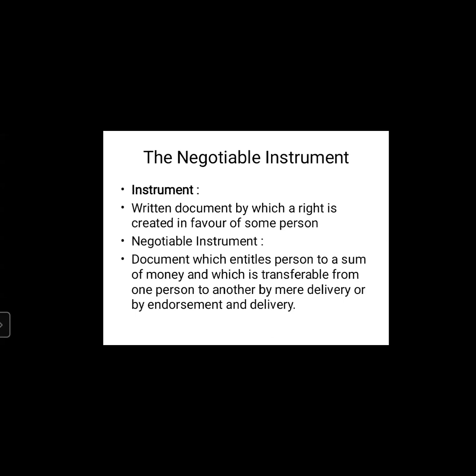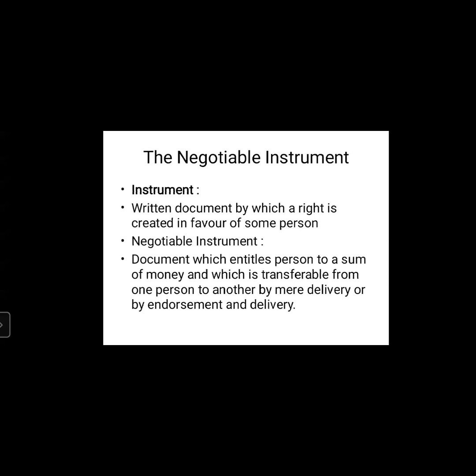So in simple words, it's a written document which can be transferred from one person to another, and the person who is in possession of it can claim the amount mentioned on the document at the end of the period mentioned, and that is called a negotiable instrument.